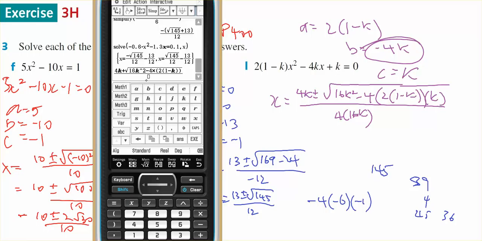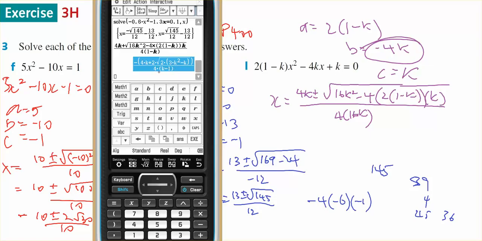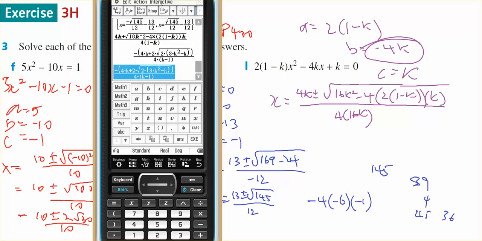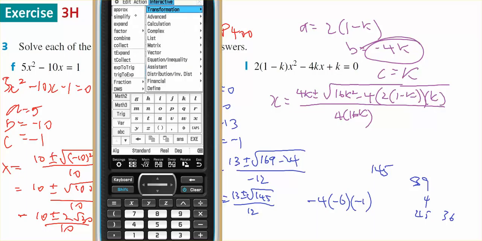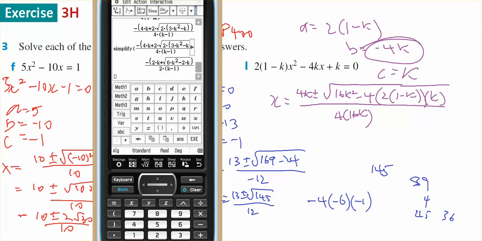So that's 4 minus 4 times a times c, and c is k. And all that's over 2a, which is 4 bracket 1 minus k, close bracket. Execute gives me that expression. If I take that expression and simplify it, that gives me that expression.